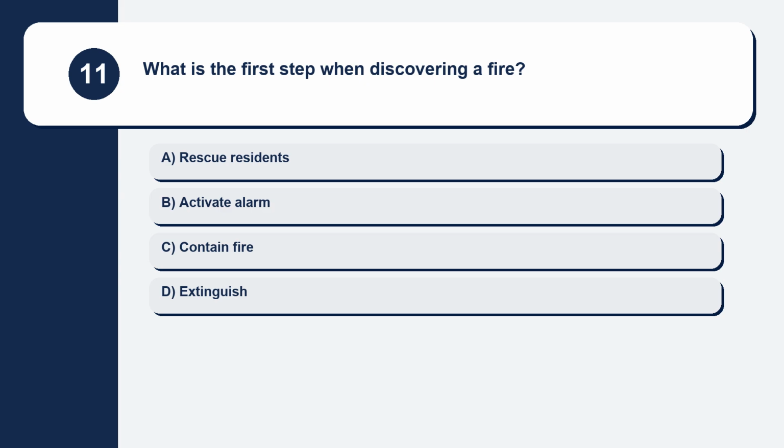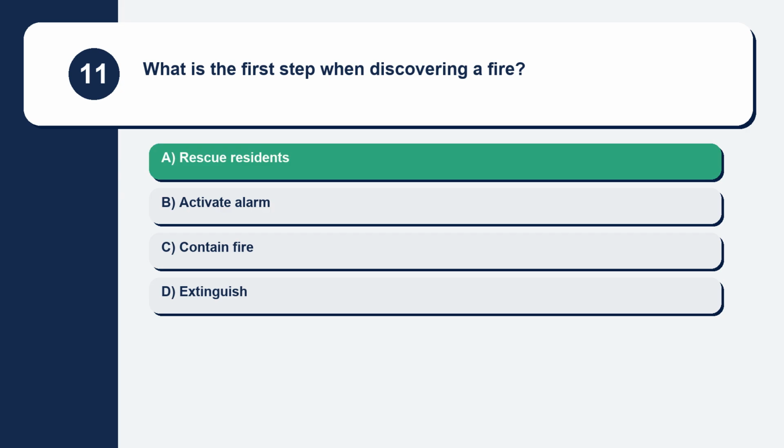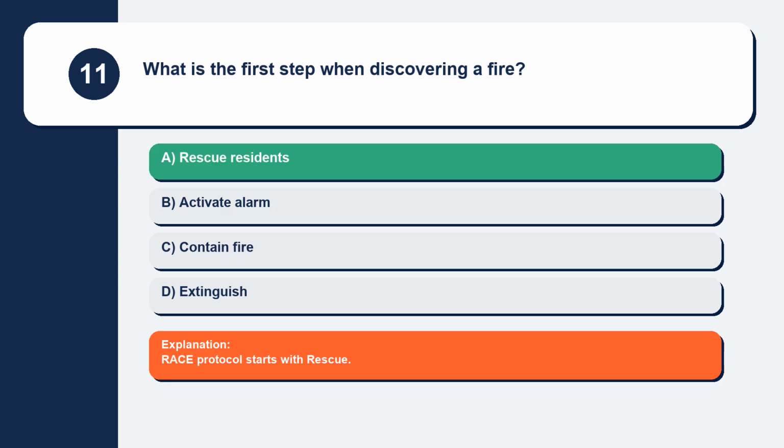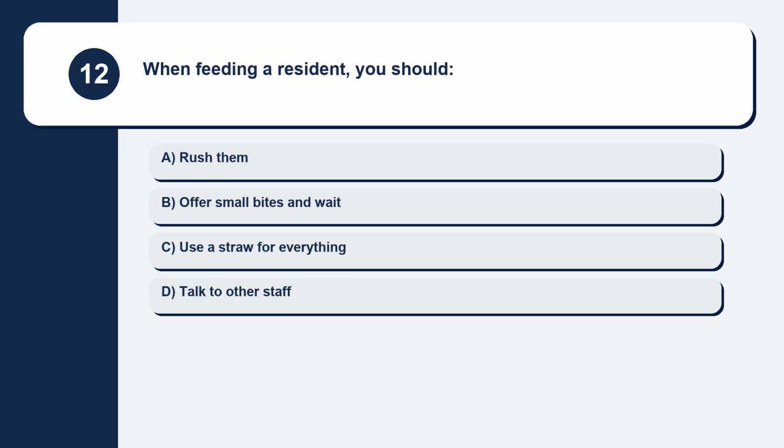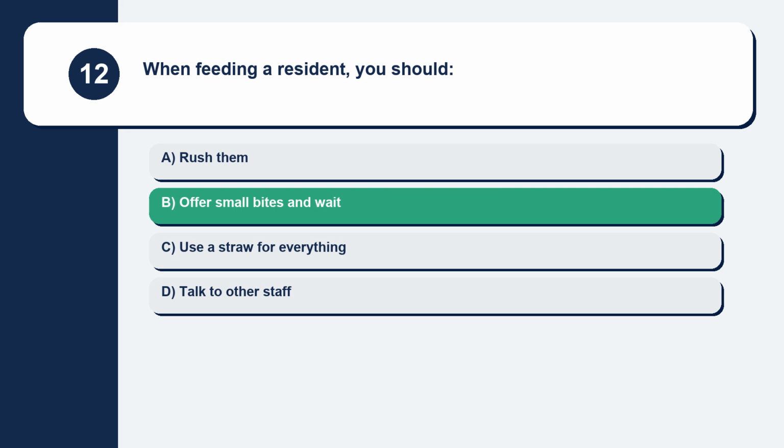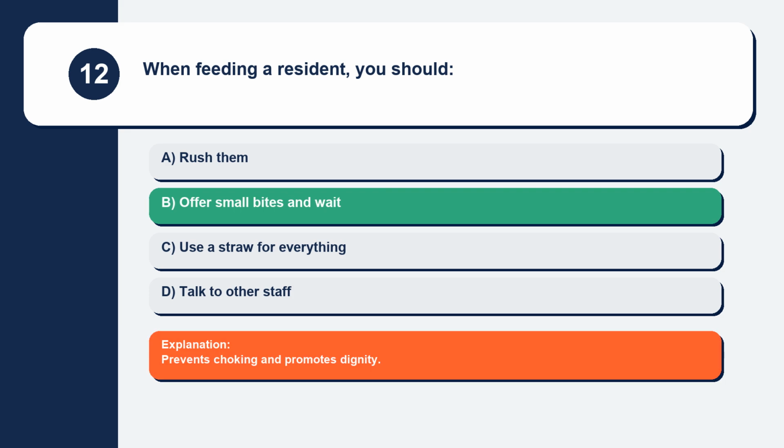Rescue residents, activate alarm, contain fire, extinguish. RACE protocol starts with rescue. Question 12. When feeding a resident, you should rush them, offer small bites and wait, use a straw for everything, talk to other staff. Prevents choking and promotes dignity.